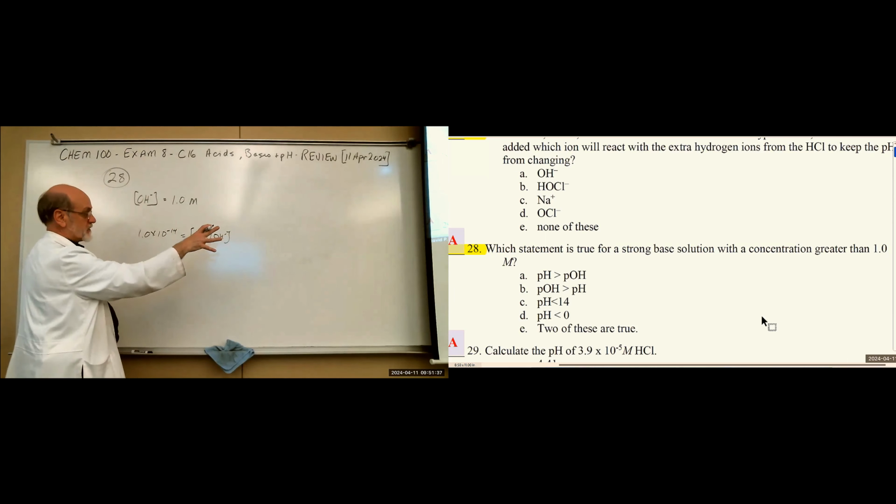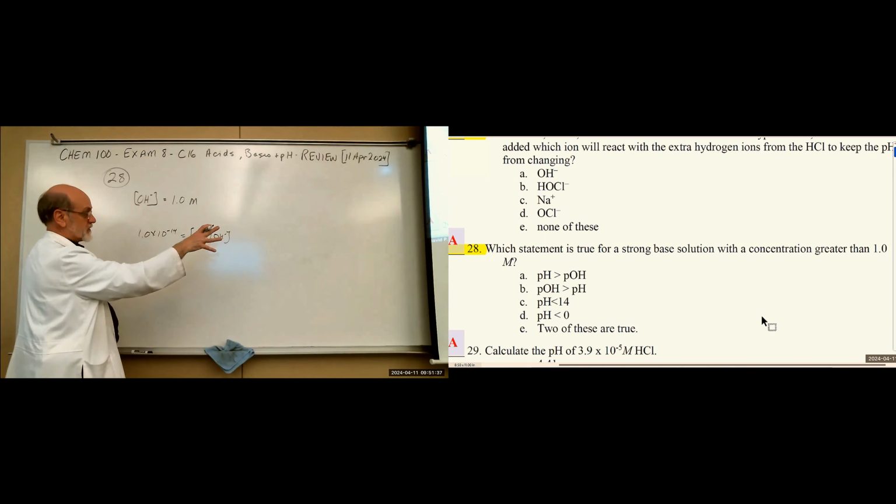Let's see, 42. What's the pH of a solution prepared by dissolving 96.1 grams of sodium hydroxide in enough water to make 3.2 liters? Okay, so we got a mass of 96.1 grams of sodium hydroxide, which is a strong base.